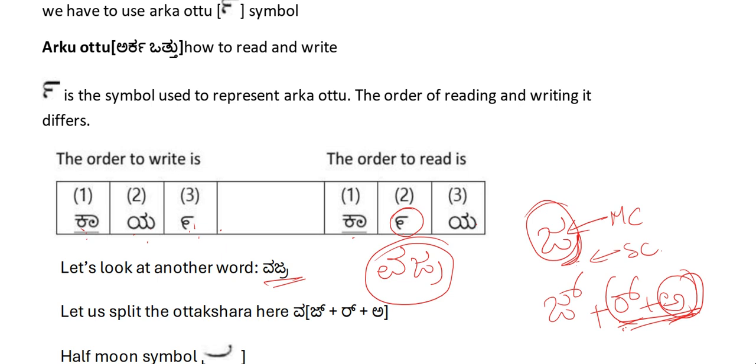The way you read is similar to words with Ottakshara. Main consonant, read it in its root form. Second consonant, read it as a whole consonant. If there is any Gunita Akshara, that gets added to the secondary consonant. So this word you read as Vajra, and here A is following Ra. That is why you use the half moon symbol.